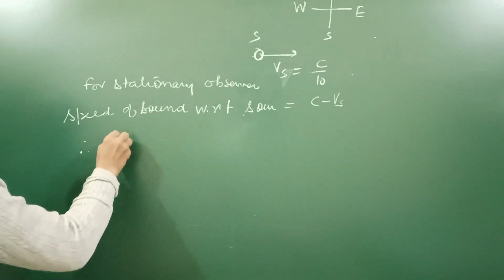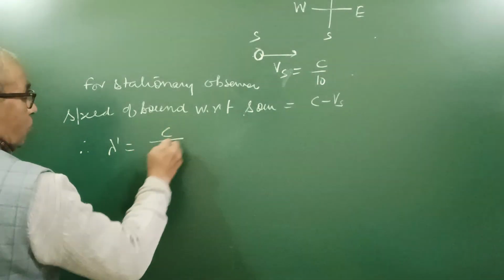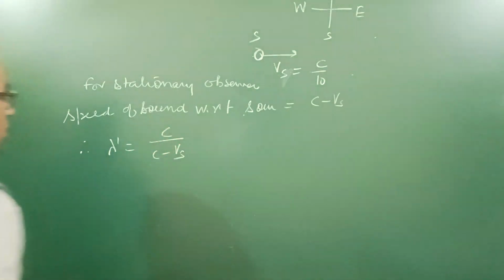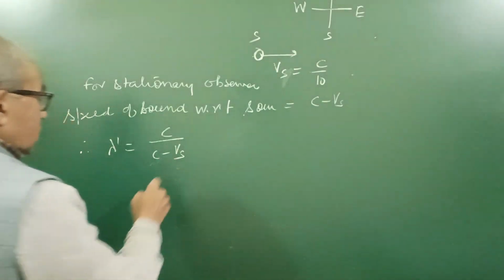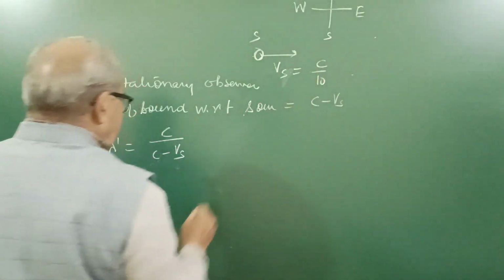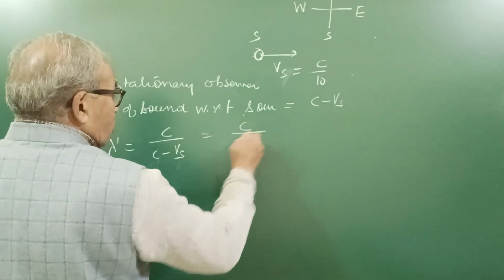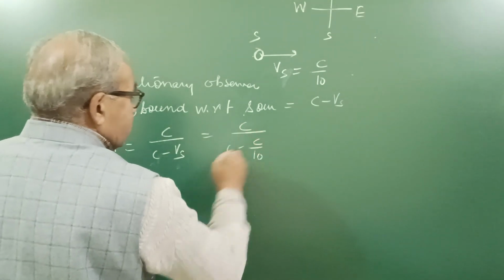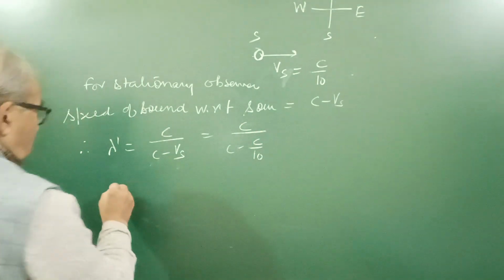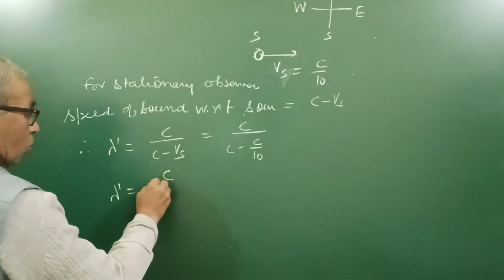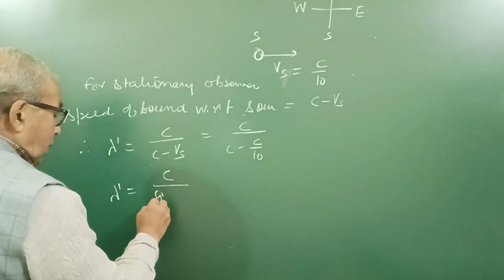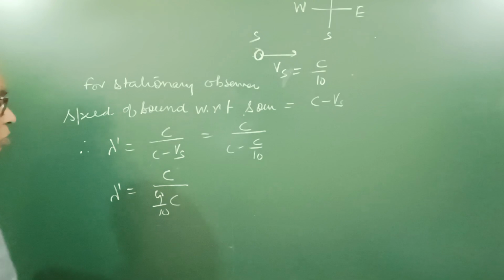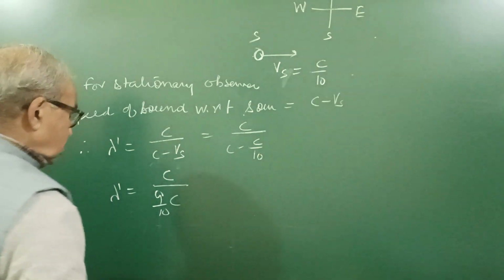Therefore lambda dash equal to c upon c minus Vs. Here Vs is c by 10, so c upon c minus c by 10. So lambda dash equal to c upon 9 by 10 c. Sorry, 10 minus 1.